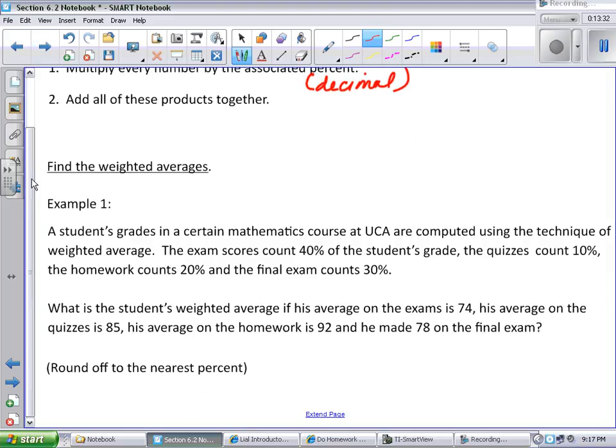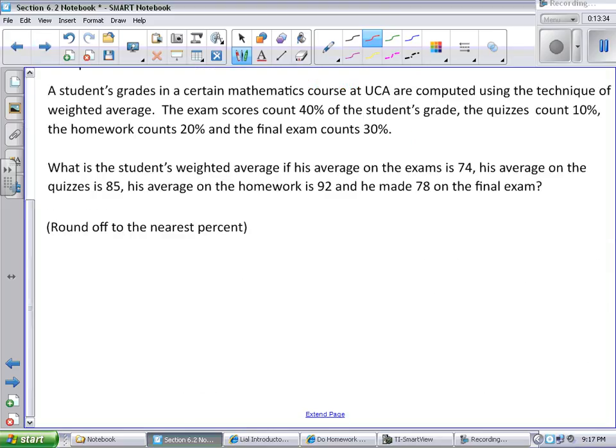So example 1. Students' grades in a certain math course at UCA are computed using the technique of weighted average. Exam scores count as 40% of a student's grade. Quizzes count 10%. Homework counts 20%.